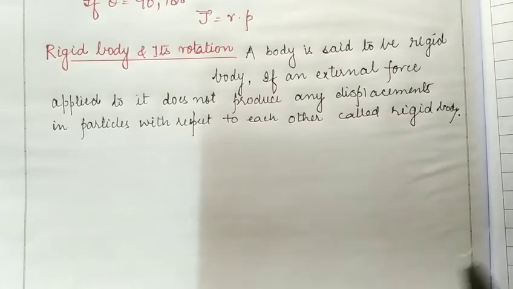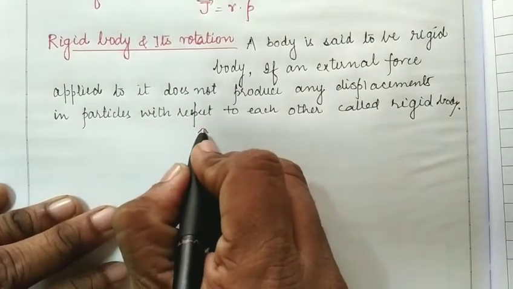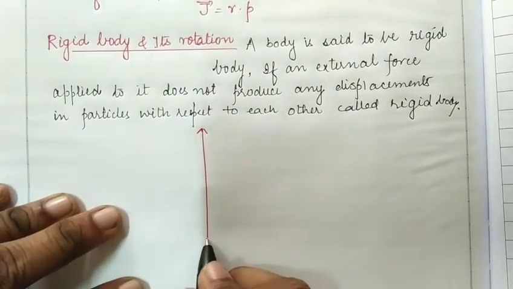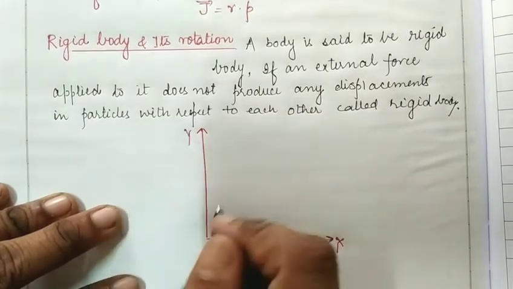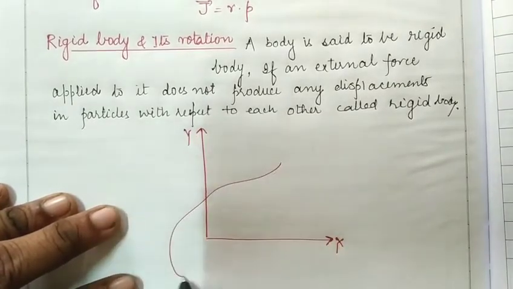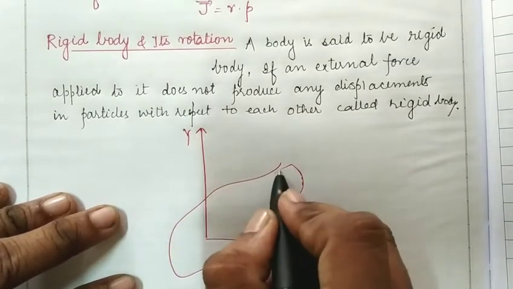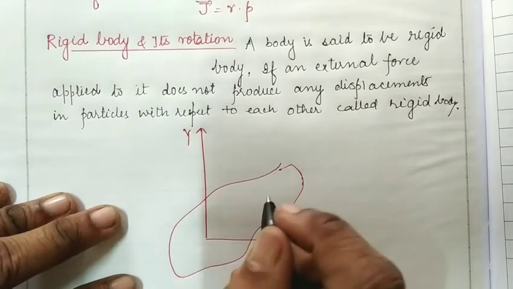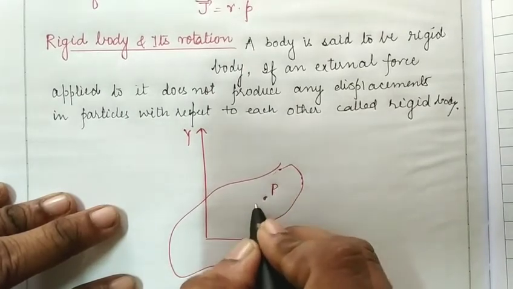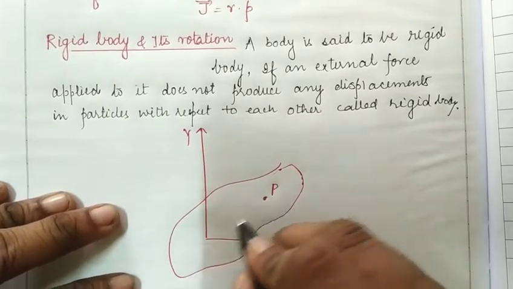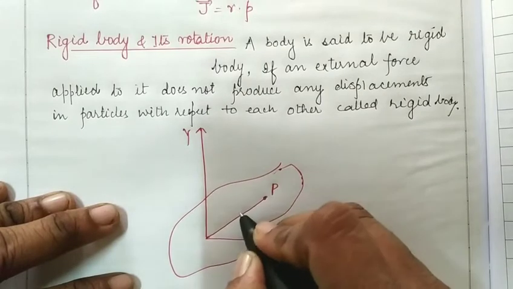So let us suppose that here I am going to draw a diagram, the x and y axes. Let us suppose this is the x axis and this is the y axis, and we have chosen a rigid body. Okay students, as we know a rigid body consists of n number of particles, so let us suppose this is the first particle, denoted by P, and the distance from the origin to the particle P is r.